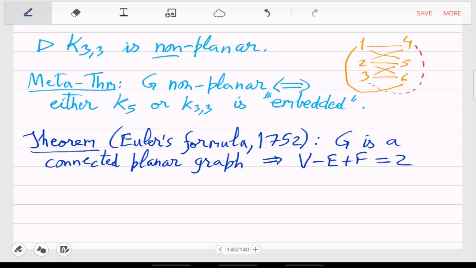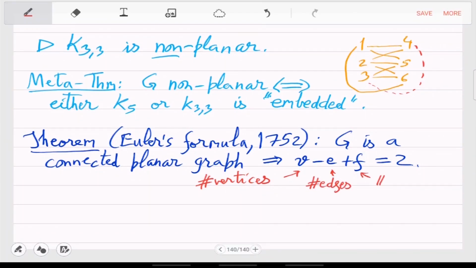So what are these? V is the number of vertices. E is the number of edges.